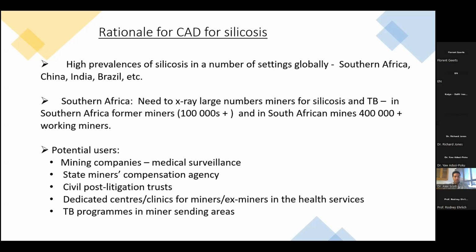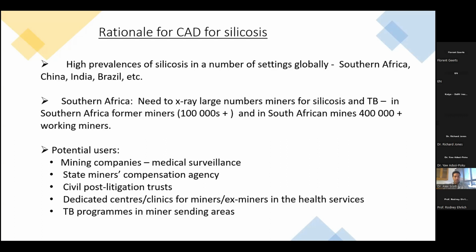So in Southern Africa, our minds have been focused for some years now because of the need to X-ray large numbers of miners, and particularly gold miners, because silica exposure is highest and the risk is highest in gold mining, silicosis being a fibrotic disease of the lungs.